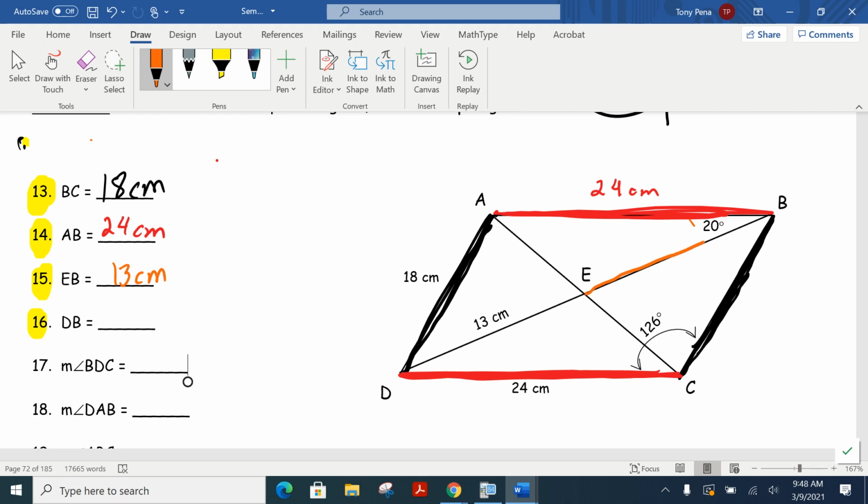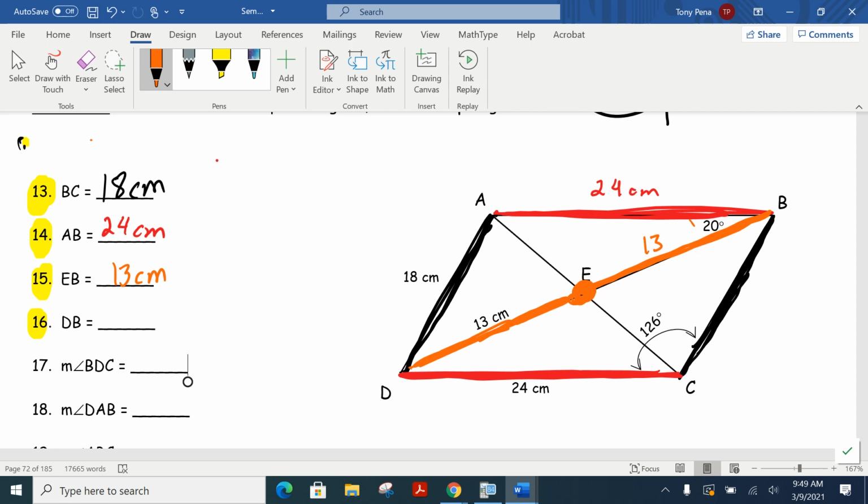So here's the length that I wanted here, EB. The diagonals of a parallelogram. So this diagonal here, and then the one that we're working with, this is the midpoint. Where they intersect is the middle. So if we know that this length here was 13, and this is the midpoint of that overall bigger diagonal, this would have to be 13 also. So that's where we get the 13 from.